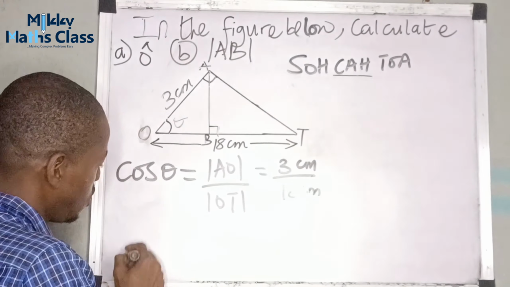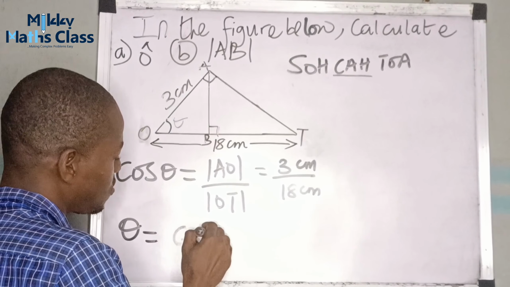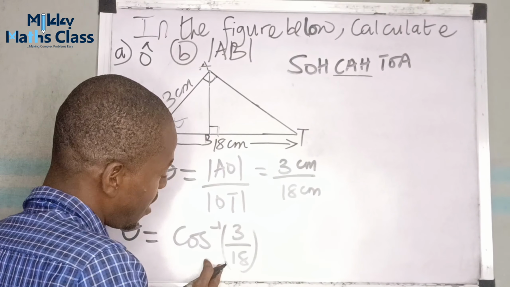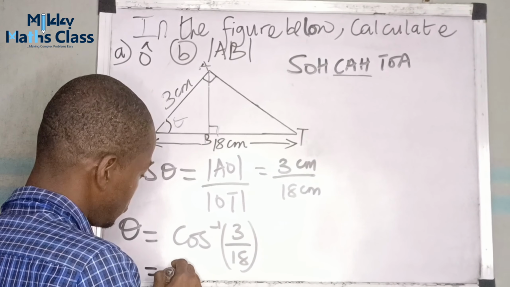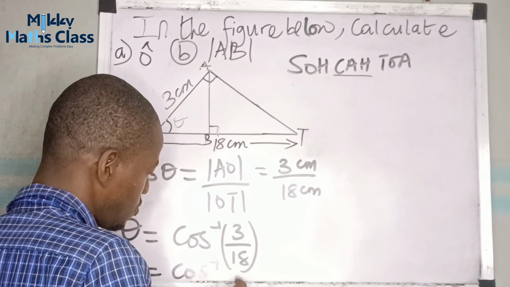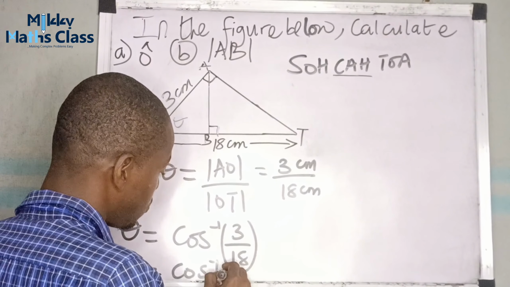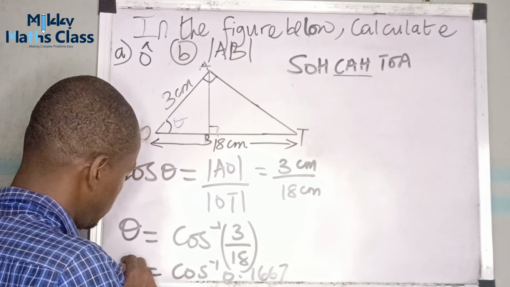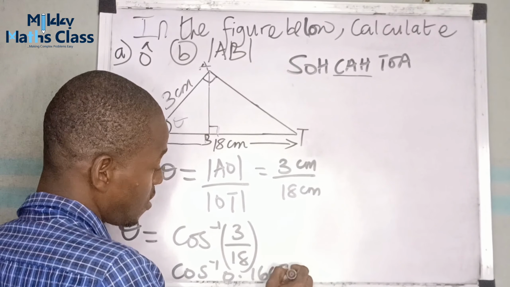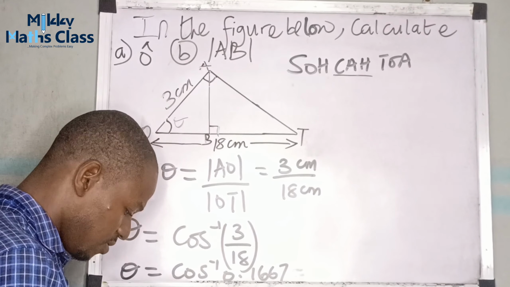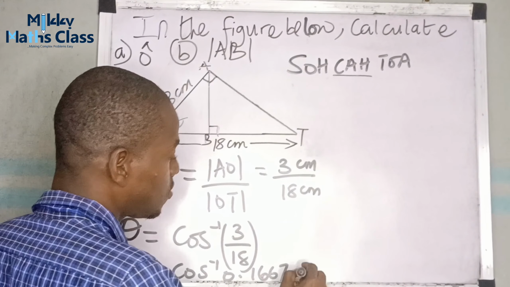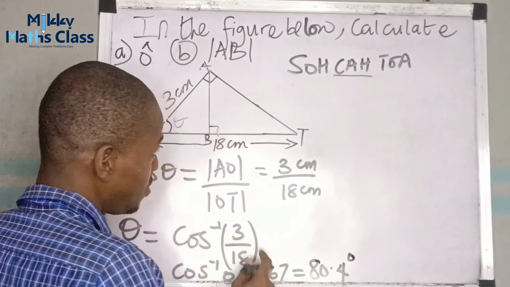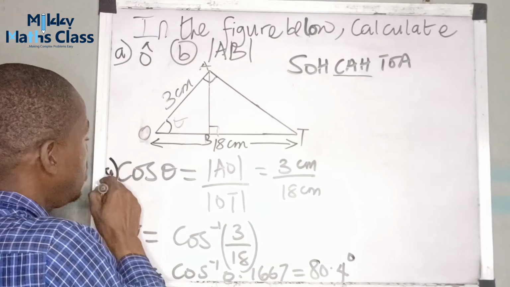Theta will now be equal to cos inverse of 3 over 18. 3 over 18 gives us 0.1667. When you take the cos inverse of that, you will get 80.4 degrees. So that's that for the first one, 80.4 degrees.